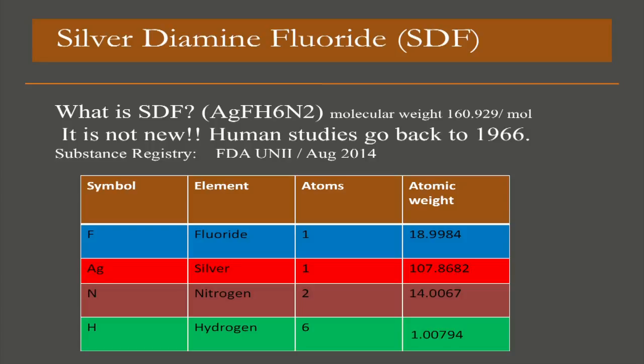Silver diamine fluoride is simply a combination of 1 atom of fluoride, 1 atom of silver, 2 atoms of nitrogen, and 6 atoms of hydrogen. This combination forms a fluoride that seems to be very effective with caries lesions. We'll look into that now.